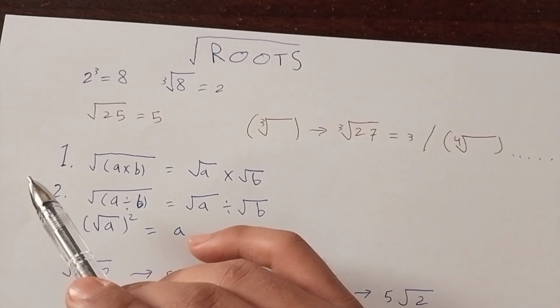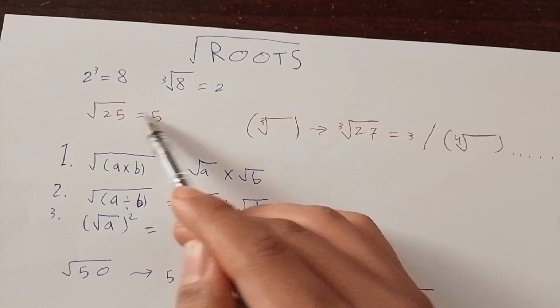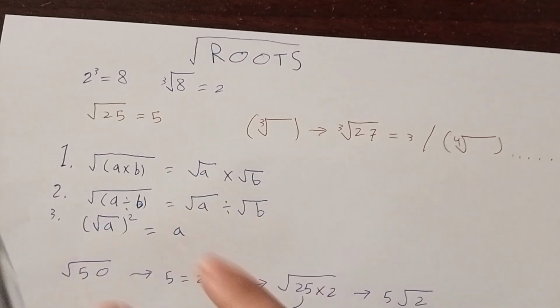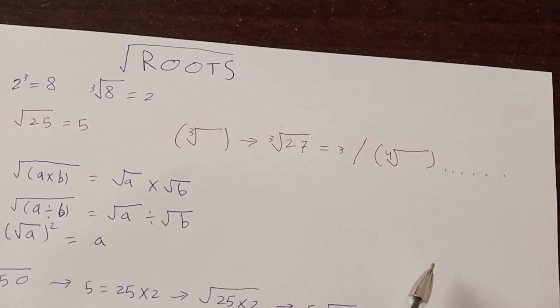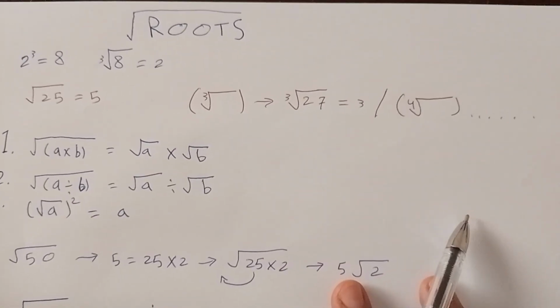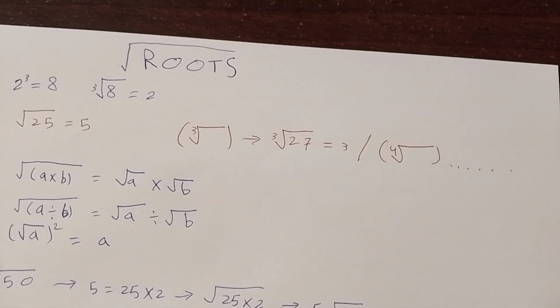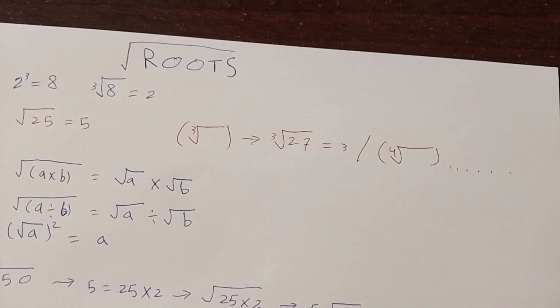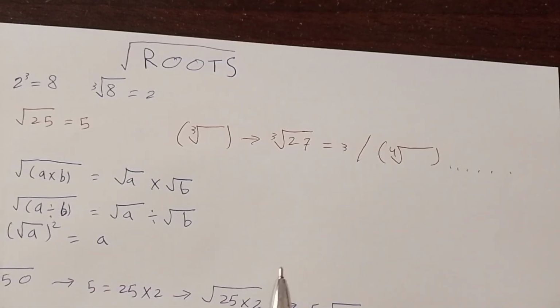If we just analyze it, 5 squared is actually 25. So it's the opposite. It's so easy if you just memorize how exponents and powers work. You can solve any root easily.